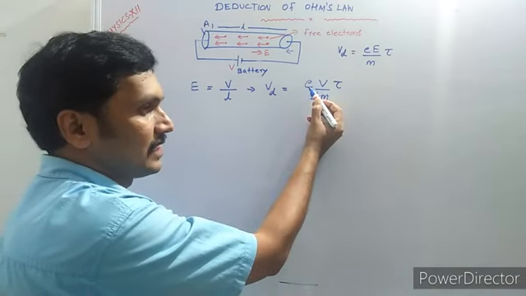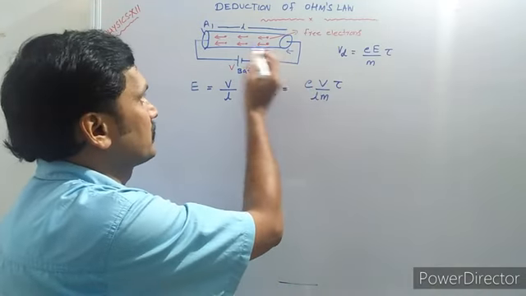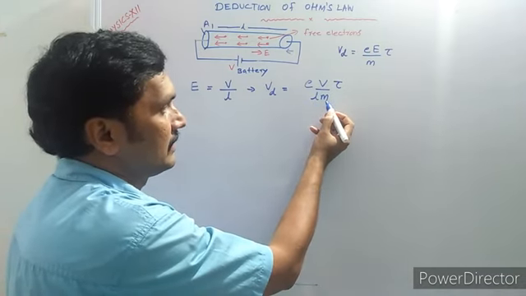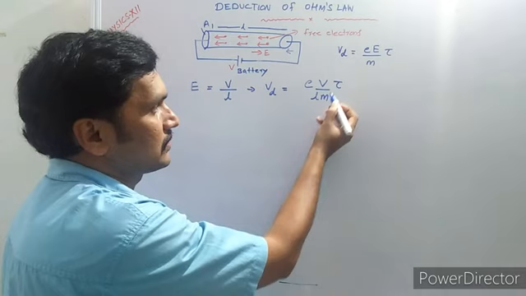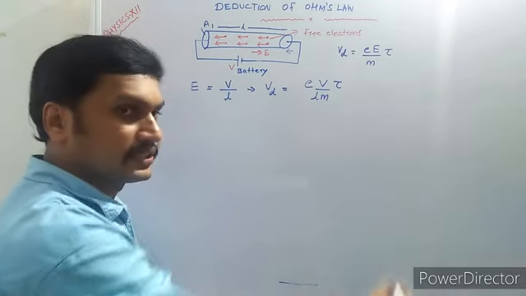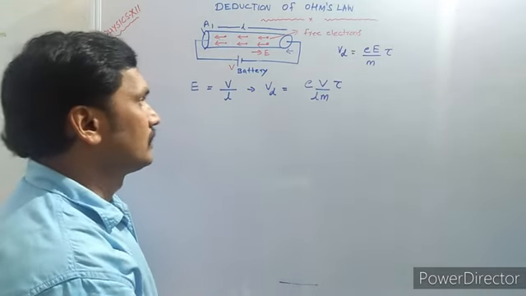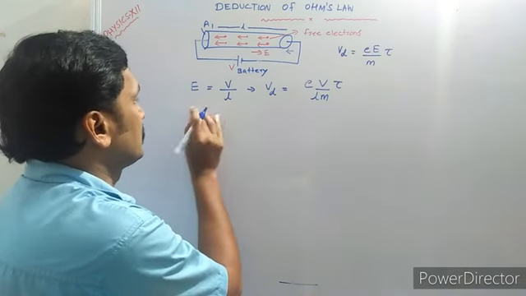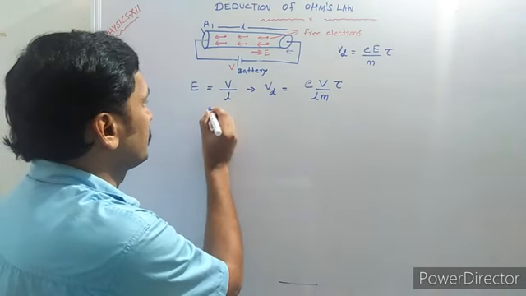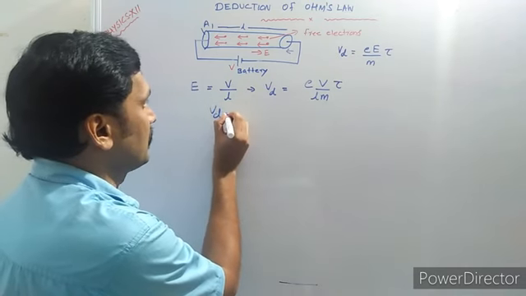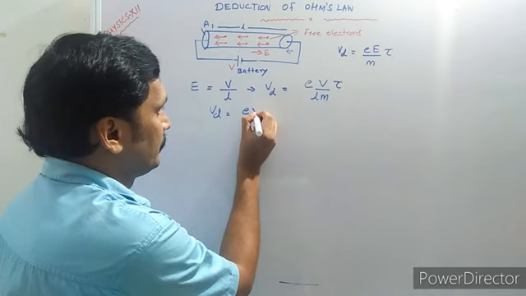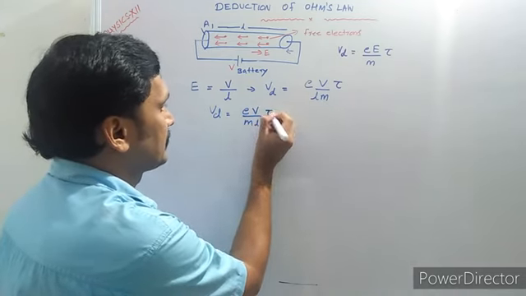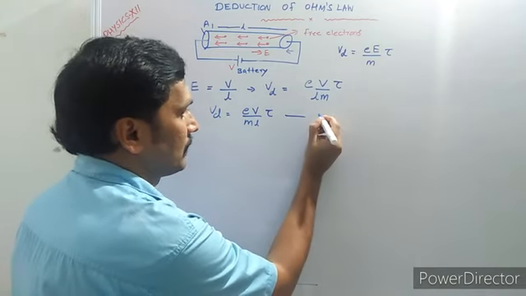Here e stands for the charge of the electron, V is the potential difference between the ends of the conductor, L is the length, m is the mass of the electron, and tau is the relaxation time of the charge. Rearranging, the drift velocity Vd is equal to e V by m L into the relaxation time. Let us call this equation 1.